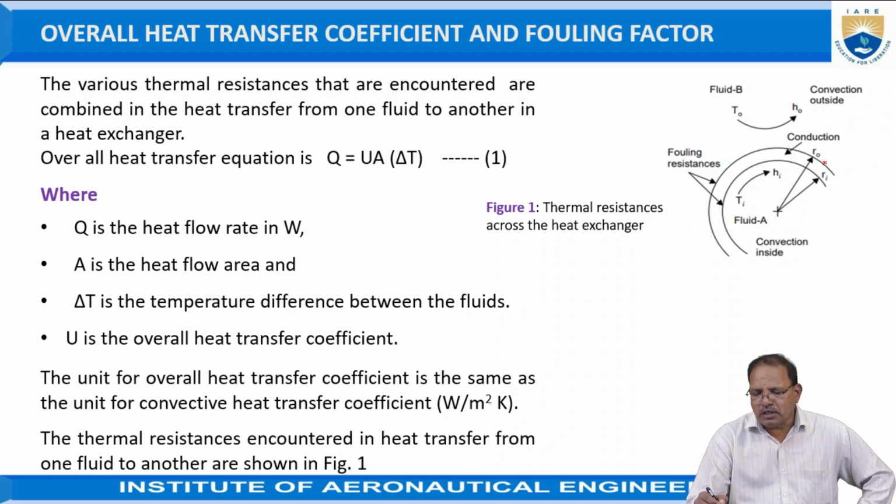The same happens at the outer surface. Because of scaling, the transfer of heat energy decreases. So the heat resistance increases at the inner as well as the outer surface of the tube because of some scaling over the surface. That factor is called here the fouling factor.